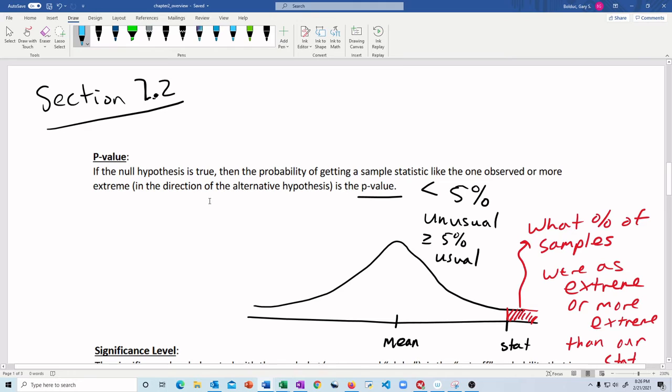All this p-value is saying is, if it just so happens that your statistic is in the outer 5% of all of these samples, then you're unusual. That should sound really familiar. We talked about that, right? 95% inside is usual, 5% outside is unusual. Hopefully that's not too bad.